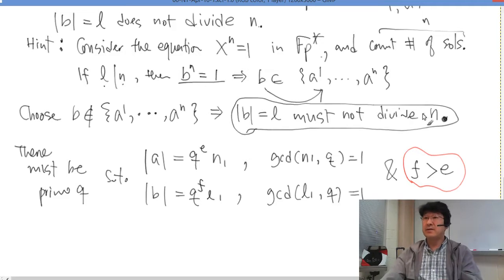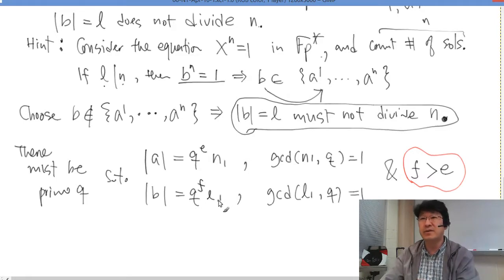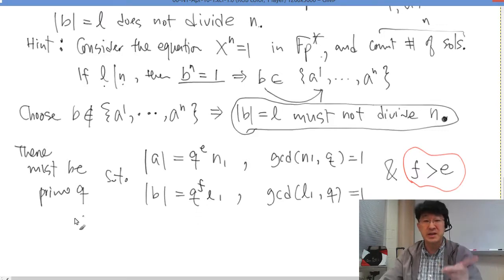If it does not divide, there must be some prime factor in here. It must be a higher power. If every prime factor involved is a lower power, that means the order of b divides the order of a, right? Because of that, there must be at least one prime such that its power is greater, so that the order of b does not divide that. Fair enough?